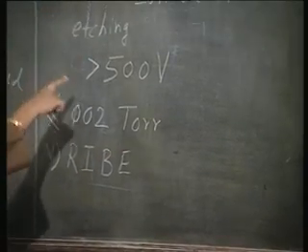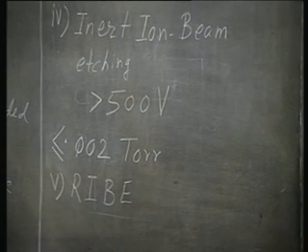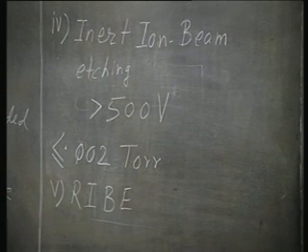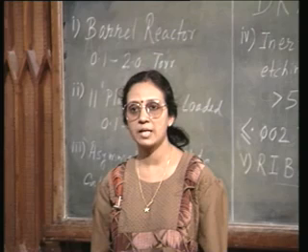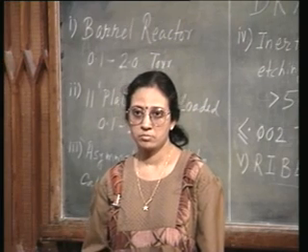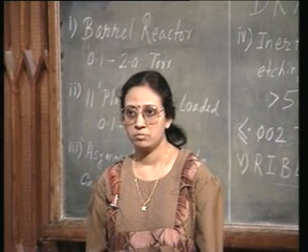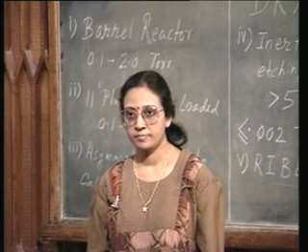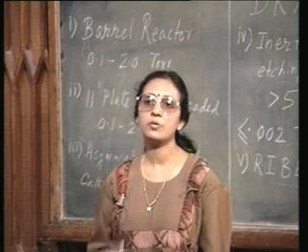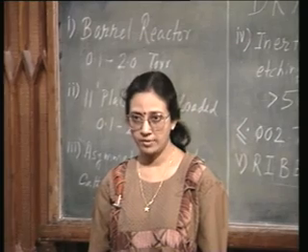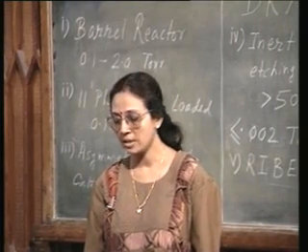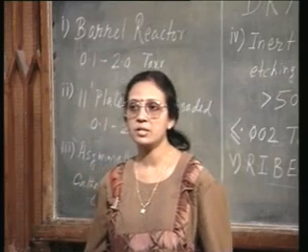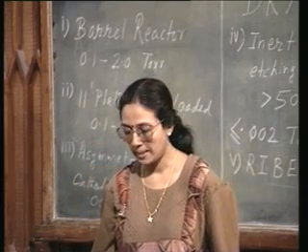This is inert ion beam etching, in contrast this is reactive ion beam etching, RIBE. The only difference is instead of using an inert gas, you use a reactive gas, so that there is some amount of chemical reaction involved and you can distinguish between different surfaces, so that some kind of selectivity is obtained there.